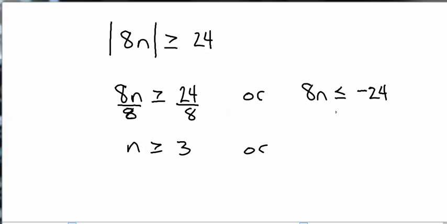Or divide by 8. n is less than or equal to negative 3. So if the absolute value is on the left, and the symbol's pointing to the right, you write it as two equations. Solve them both. You clear?